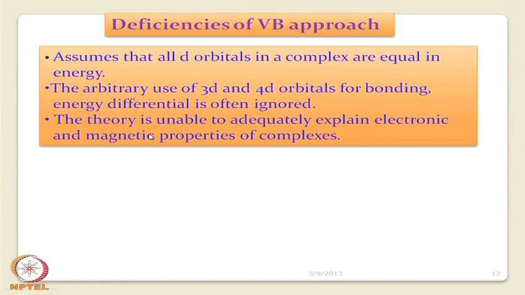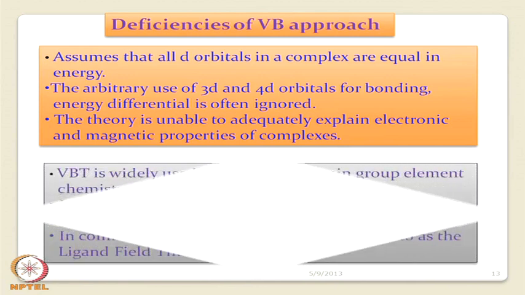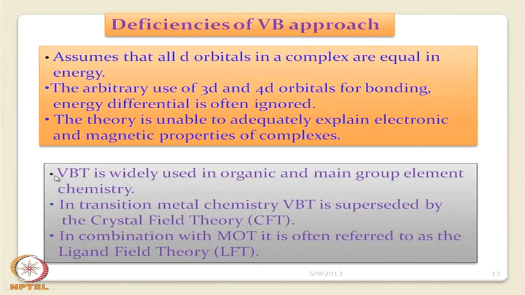The theory inadequately explains the electronic and magnetic properties of the complexes. Lastly, it is widely used mainly for organic and main group element chemistry, and is not very useful for transition metal complexes.